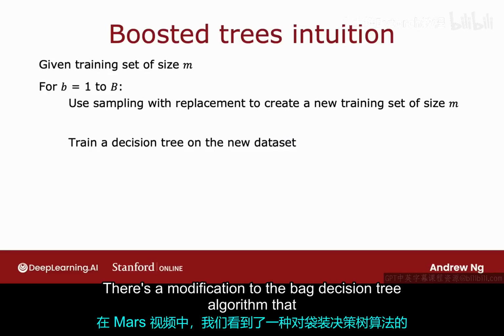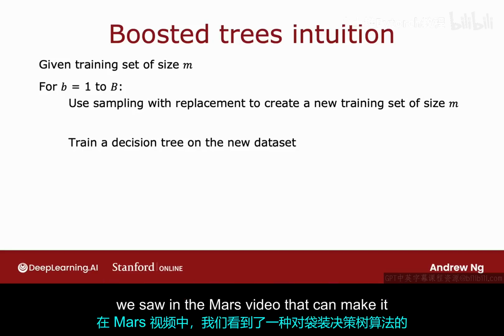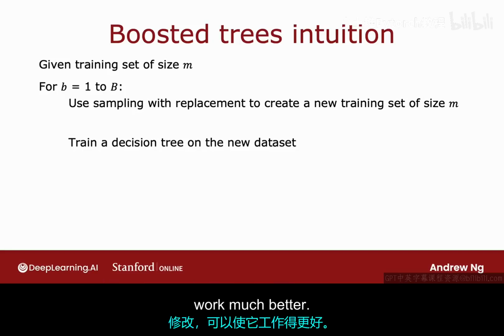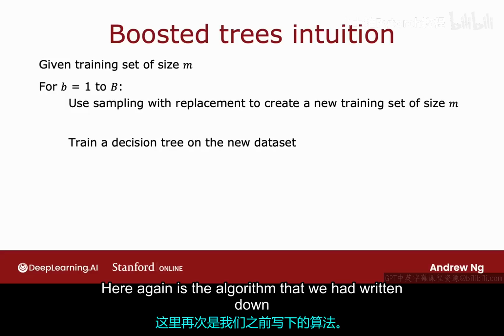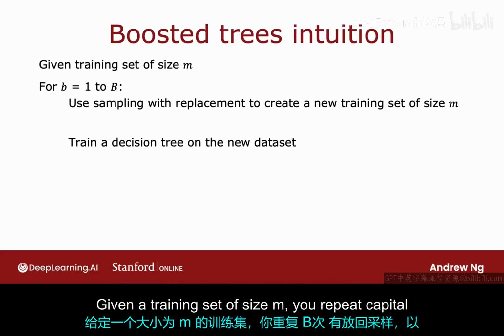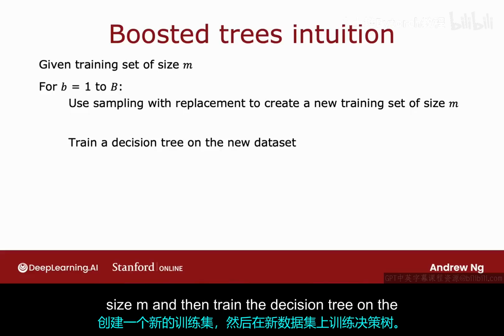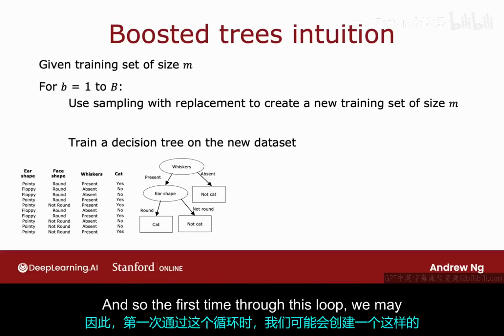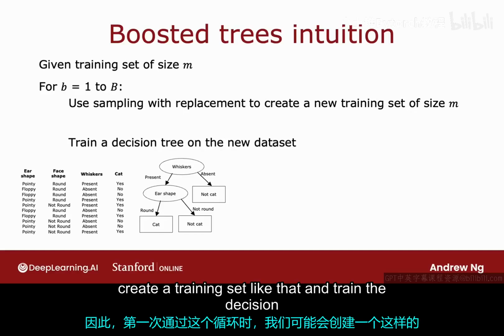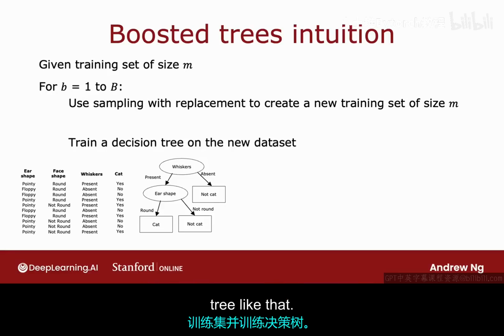There's a modification to the bagged decision tree algorithm that we saw in the last video that can make it work much better. Here again is the algorithm that we had written down previously. Given a training set of size m, you repeat capital B times: use sampling with replacement to create a new training set of size m, and then train a decision tree on the new data set. So the first time through this loop, we may create a training set like that and train a decision tree like that.